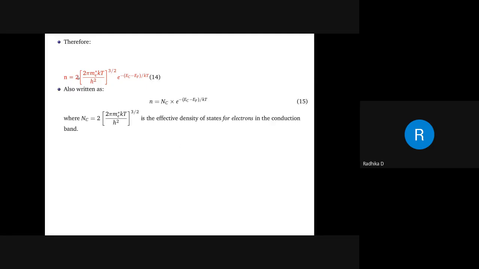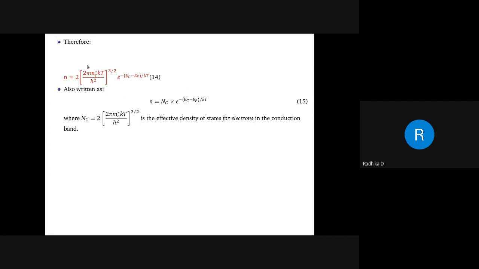The only thing we do next is, since this entire portion is a constant for a fixed temperature, whatever the temperature value is, I will write it as another term, NC. This is the effective density of states. So it becomes NC into e to the power of minus EC minus EF by kT.